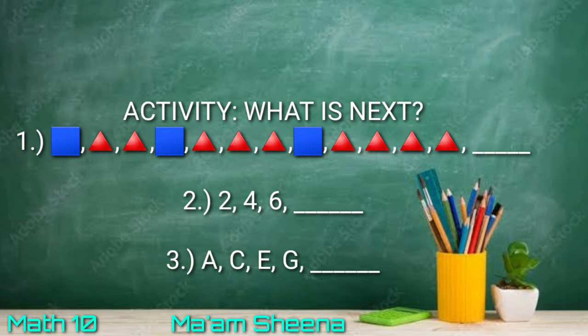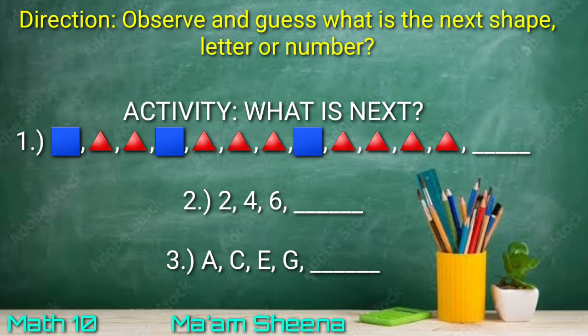So I want you to observe and discover what will be the next shape, next letter, or the next number. So you may try it on a piece of paper or in your notebook. So let's try to answer your given activity.